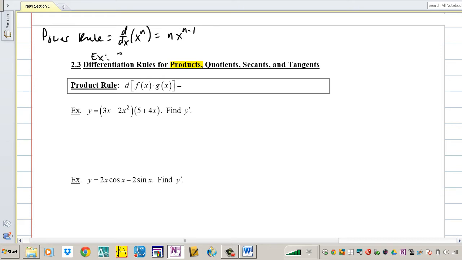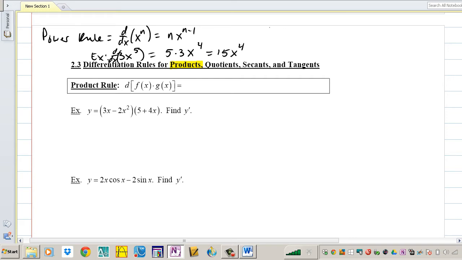Example, 3x to the fifth. Well, the derivative of 3x to the fifth is 5 times 3x to the fourth. Notice I dropped down the power of 5 and I took away the power of 5 from the exponent, and now it's 15x to the fourth.